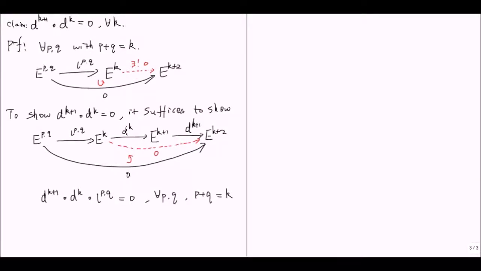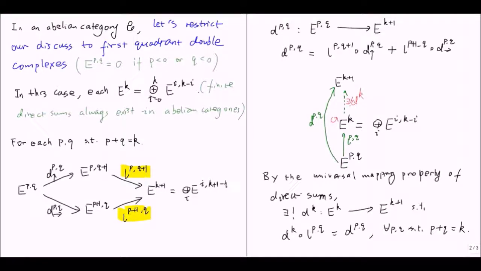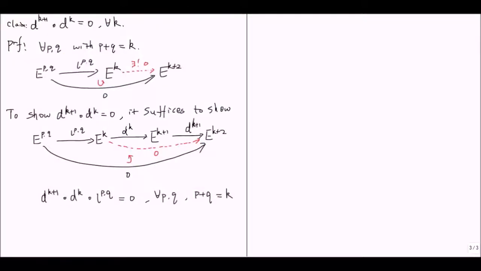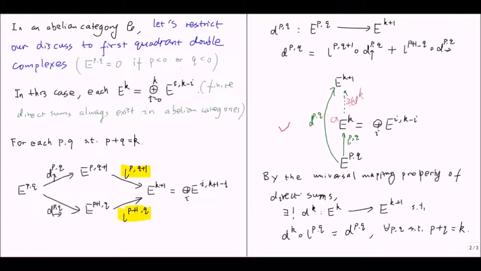If you still remember our definition in the previous page, I mean this definition, you will notice that this term is actually equal to d_{pq}, and d_{pq} has an explicit formula here.